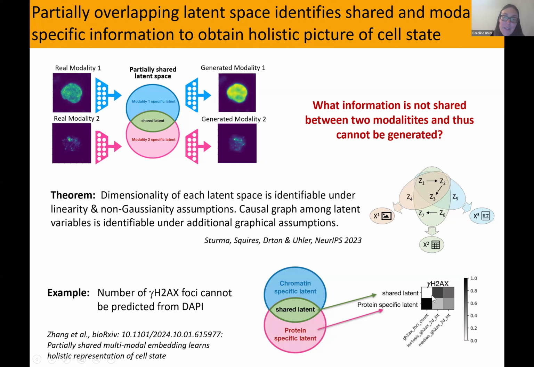And you can validate that, right? Once you have these multimodal models, you can validate that this isn't just a limitation of our particular model, because you can train another model to take just DNA as input and output how many foci you have. And you'll see that you cannot predict it based on the DNA stain, at least in the datasets that we have. Who knows, at some point maybe you will have enough data to be able to predict that as well.